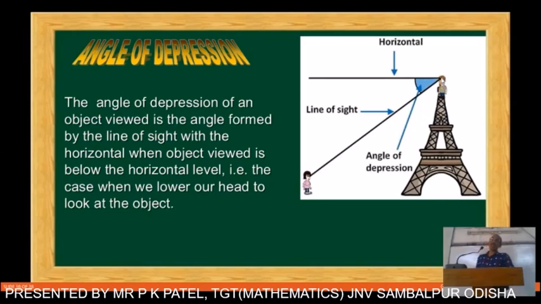This person is observing the person who is standing on the floor, a road. That means he has to lower his head to look at the down level. Then the angle between this horizontal line and the line of sight is known as the angle of depression.